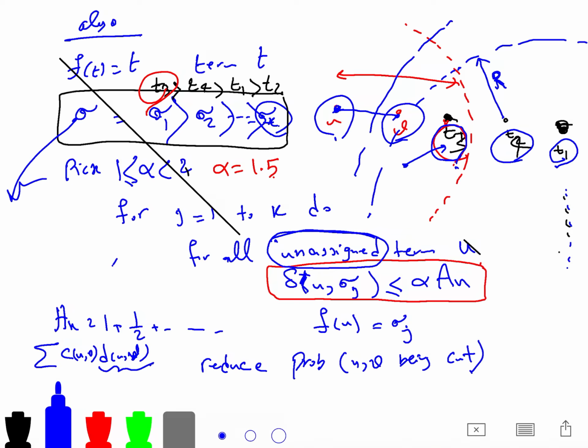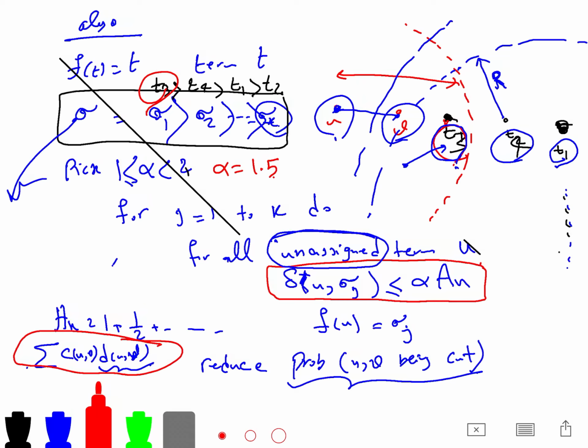Whenever there is a cut, one of them is 1, the other one is 0. It is rounded to that, and if you reduce this probability, then you have reduced the LP value, and that is your goal in order to find a better approximation, a lower factor for approximation, and that's it. So it's a very natural and interesting algorithm.